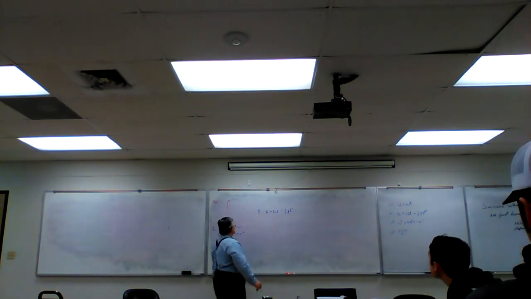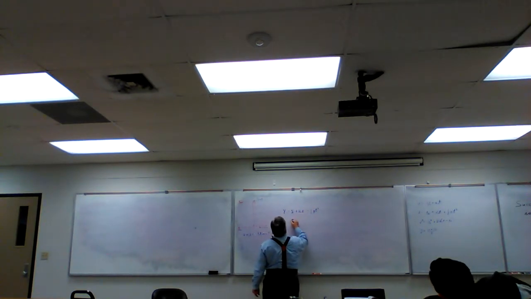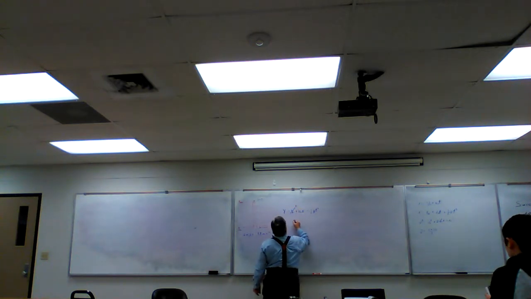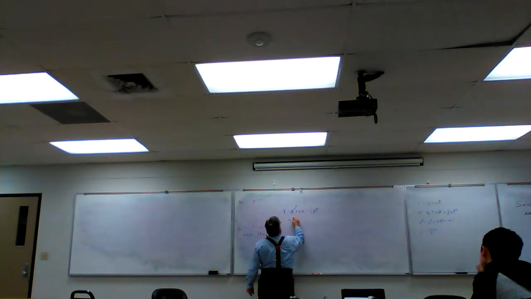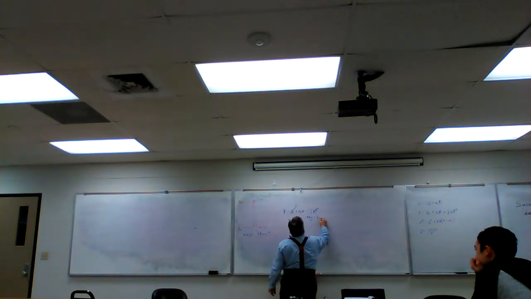Okay? Now, in particular, we know that t is 3.4. We know that y naught we've set to be 0. And so we can write that as y equals v naught times 3.4 seconds minus 9.8 meters per second squared divided by 2 times 3.4 seconds squared.